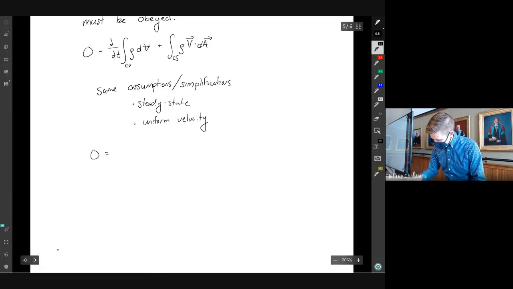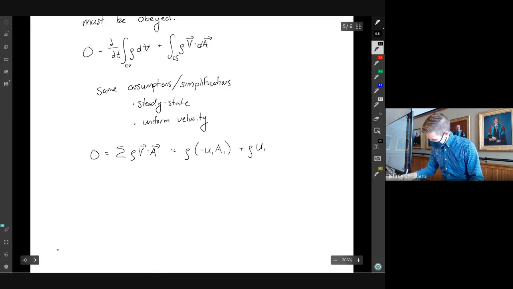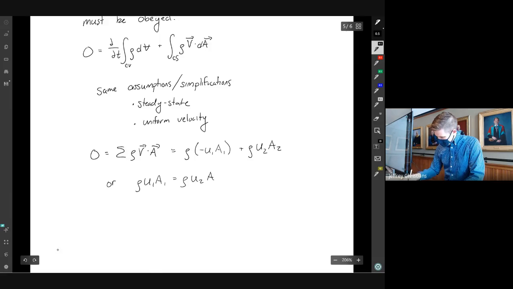That would give us 0 equals the sum of rho v dot A, which is equal to rho times negative U1 A1 plus rho U2 A2, or rho U1 A1 equals rho U2 A2.